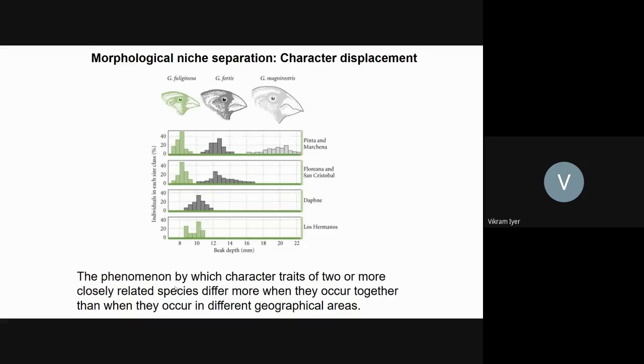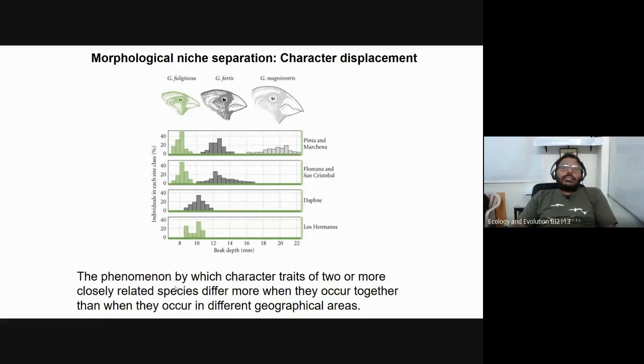I get the fact that the characters are getting displaced in either direction for optimal resource partitioning, but there must still be some overlap between the tail of one Gaussian and the beginning of the other Gaussian, right? See, that is a theoretical thing that you are talking about, minus infinity to plus infinity. But when you are looking at a sample of say a few hundred birds, then you won't be able to get those very low values.